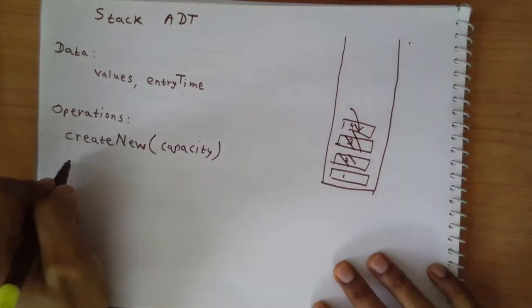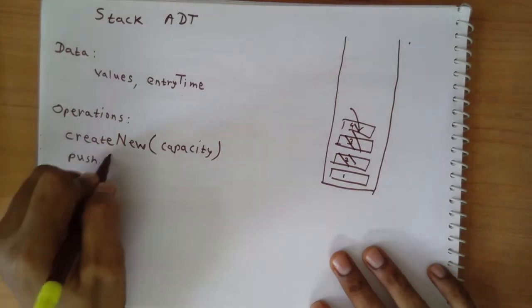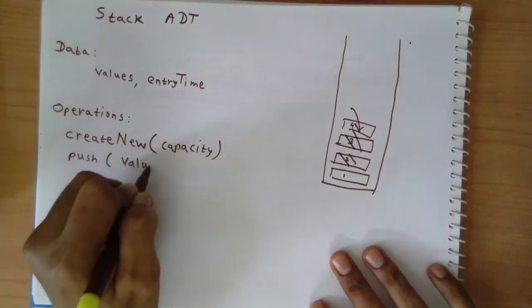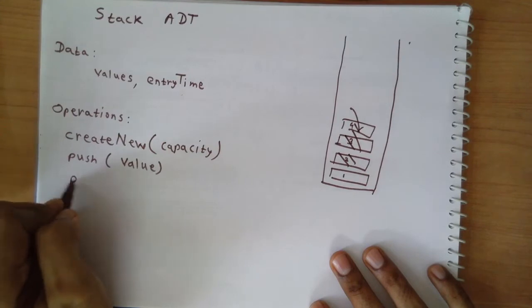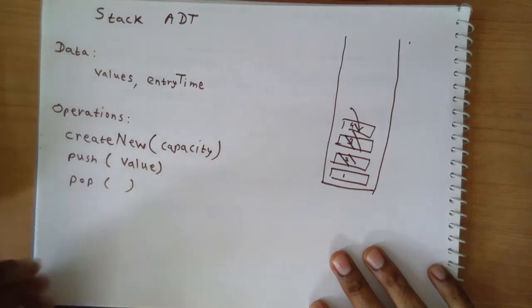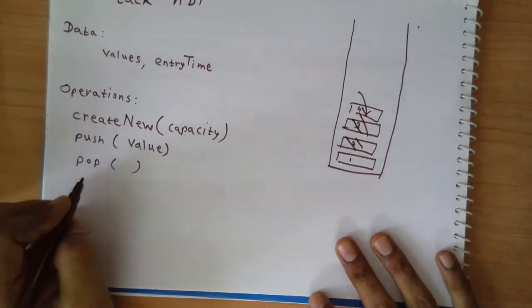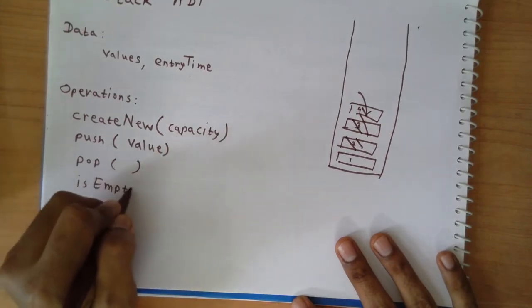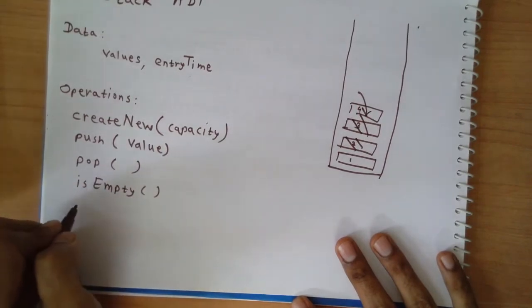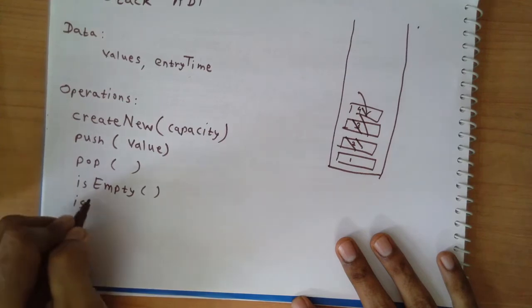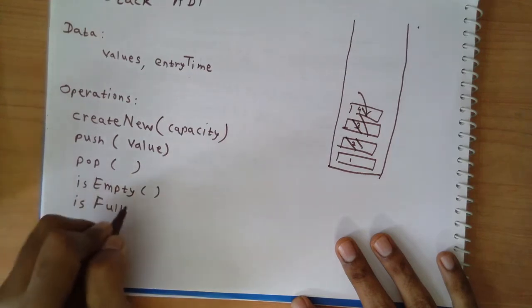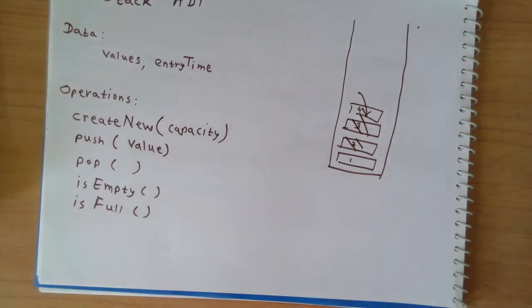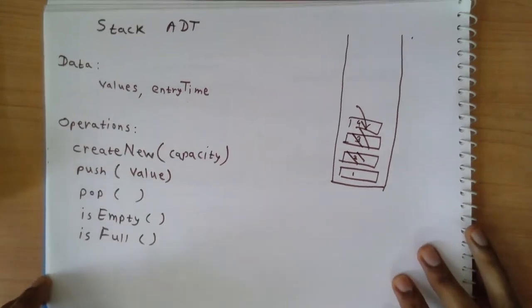Then you should be able to push a value onto your stack, and pop a value from your stack. And then you are going to ask the question, is my stack empty? And sometimes you're going to ask, is my stack full? Those are the typical operations that you would do on a stack.